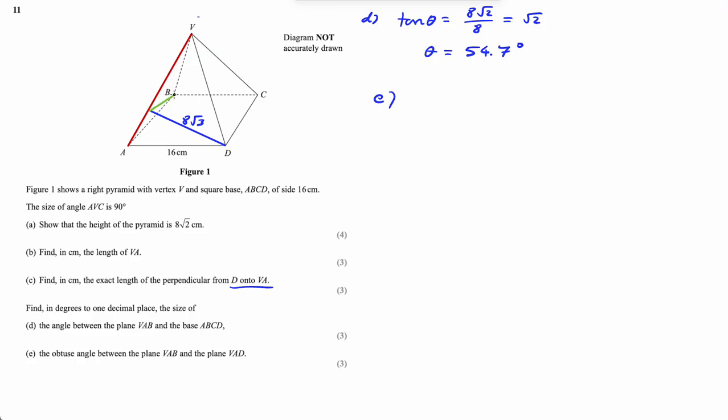Because the two faces are basically the same shape, this front face is the exact same as the face on the side, that perpendicular line would go from the same place to B. If you just rotated the pyramid, from the symmetry of the pyramid, you would see that a line perpendicular to this red line along the face VAB would go to B. The length of that would be the same, again a similar situation, just the same shape. So that would also be 8√3.